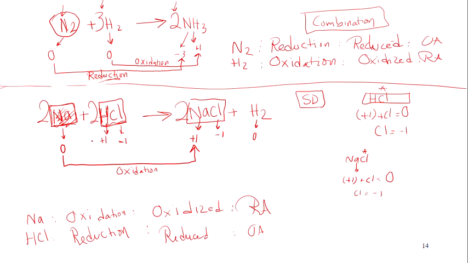Does it work or not? H, 1 positive, H 0. So H is going to be changed from 1 positive to 0. Decreasing in this reaction happens. Oxidation number decreases.